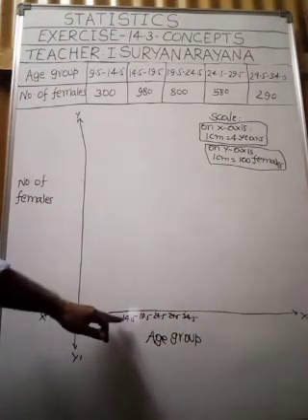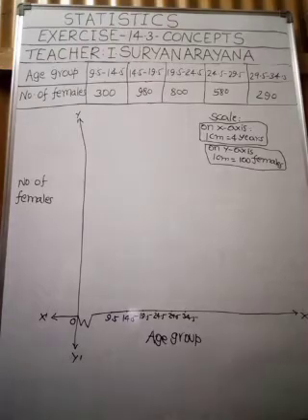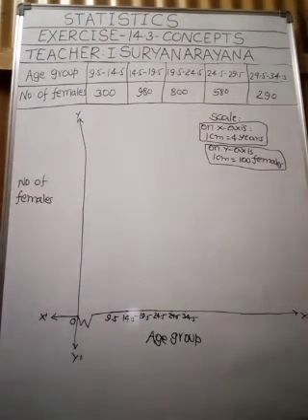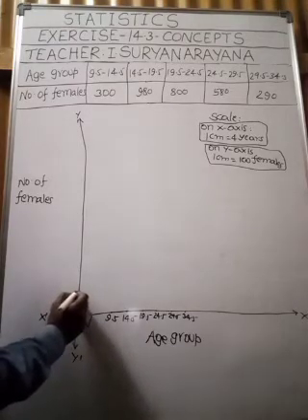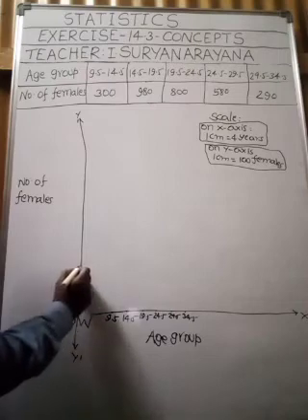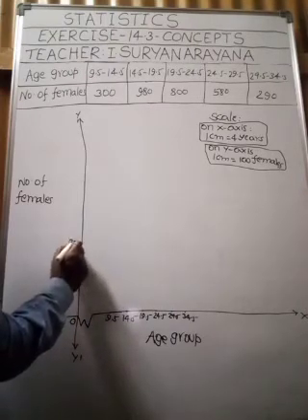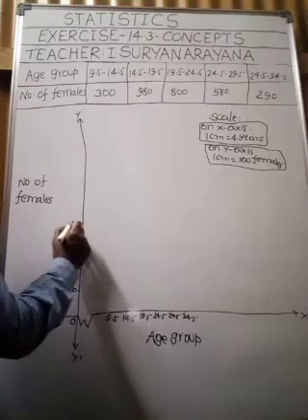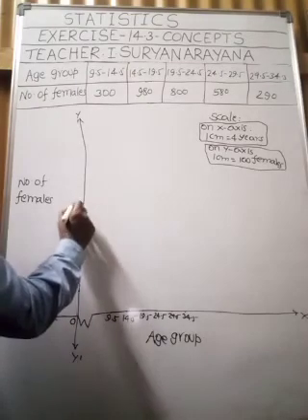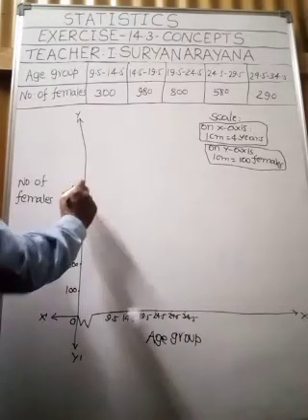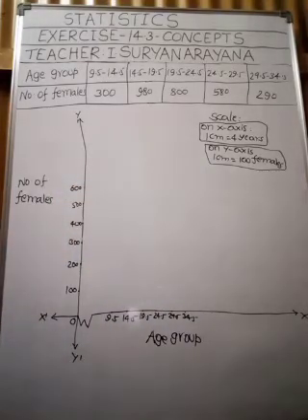Understood these numbers on the x-axis? On the y-axis, I have taken 1 centimeter equal to 100 females. So here 100, 200, 300, 400, 500, 600, like this.